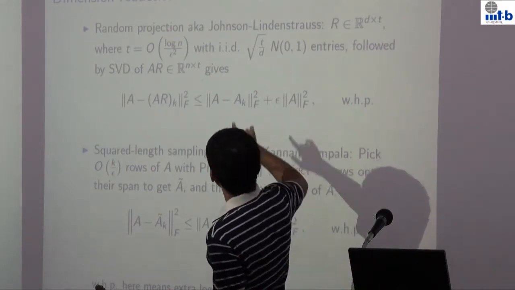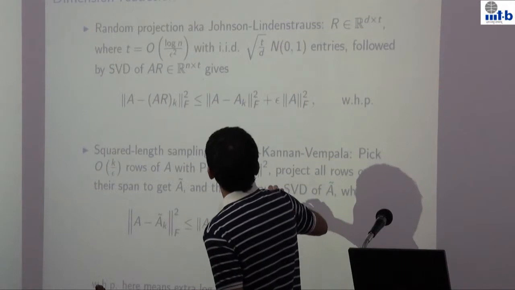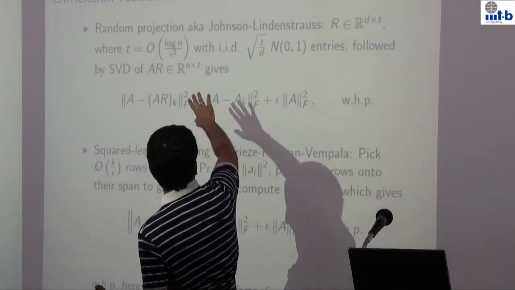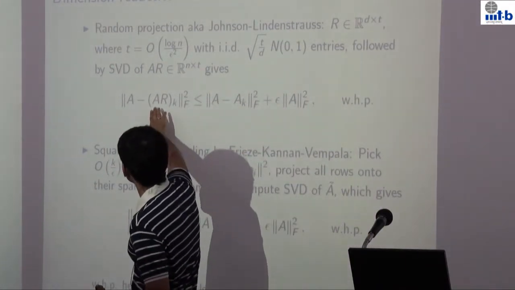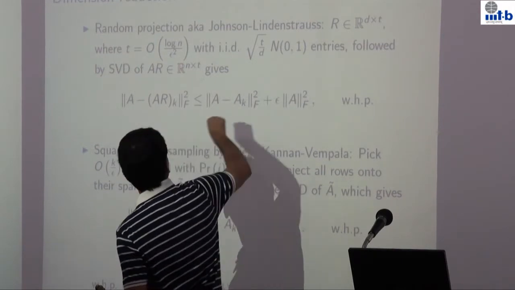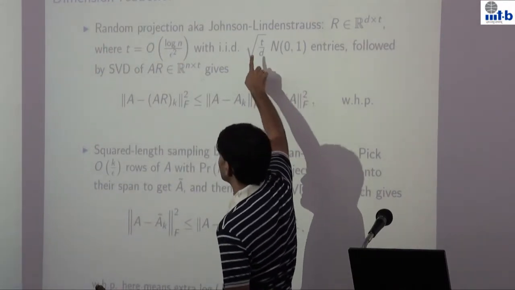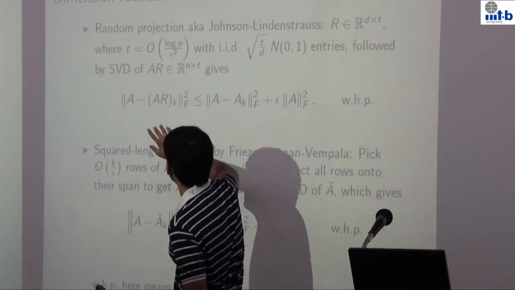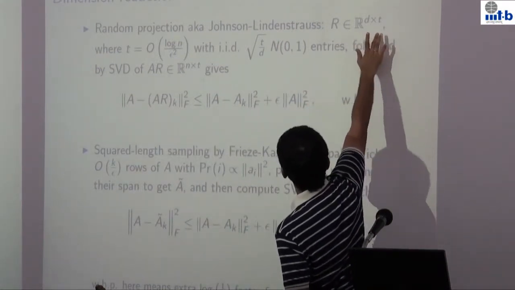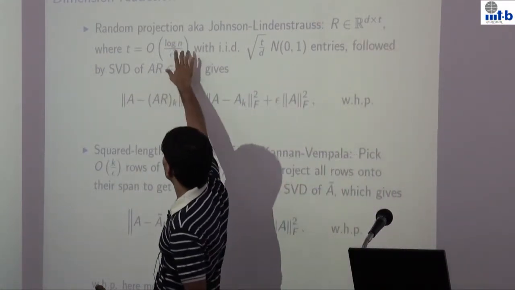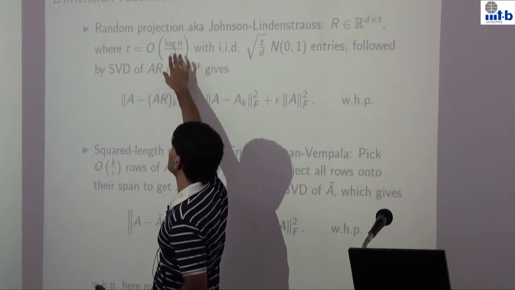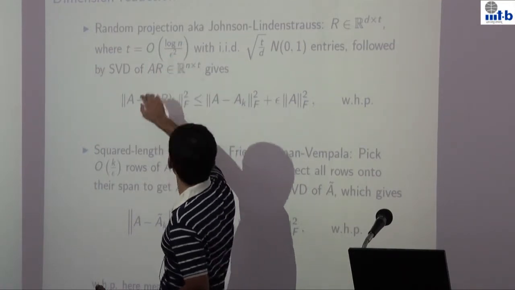It's a result by Johnson and Lindenstrauss. What it says is you multiply your given matrix with a random matrix with Gaussian entries. There is some scaling, just that this random matrix is d times t, where t is log n over epsilon squared, where epsilon is some parameter that you choose.